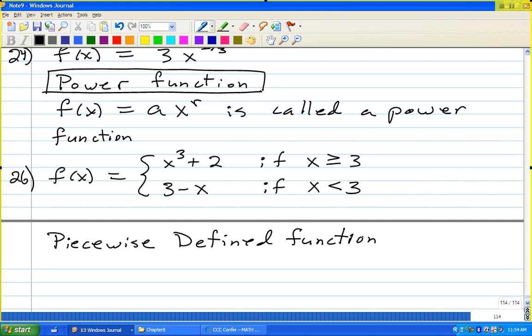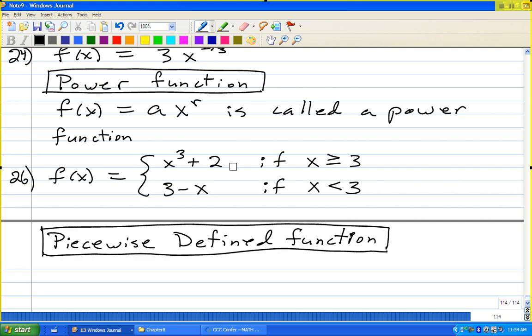So in a piecewise defined function, differing rules are associated with differing parts of your function. And so I have differing rules defined for differing pieces. And so it's called a piecewise defined function.